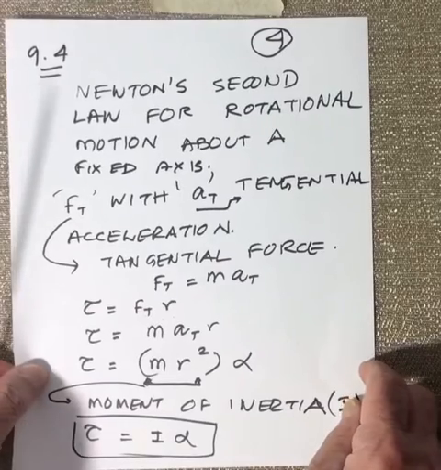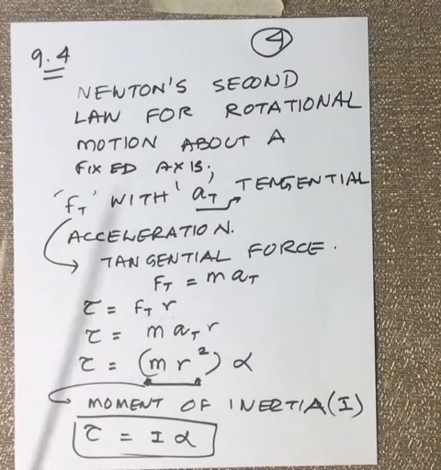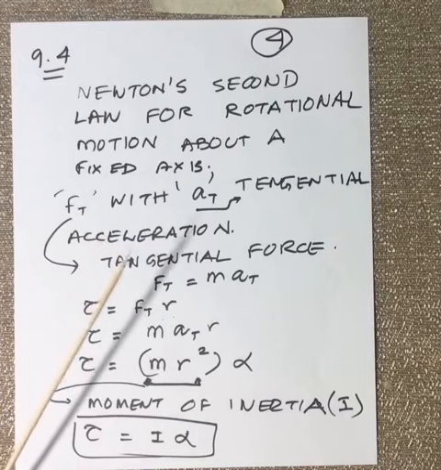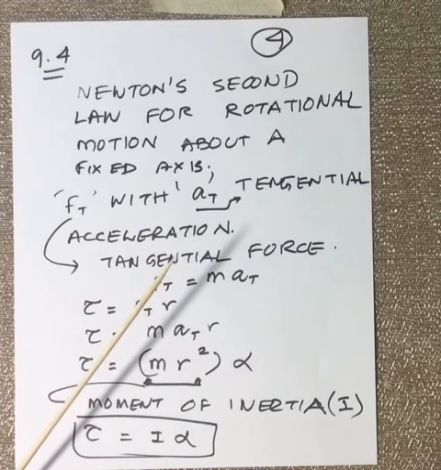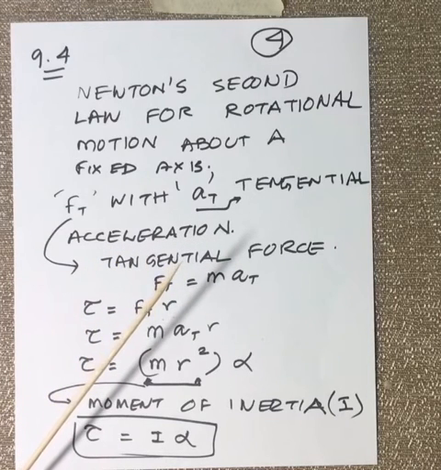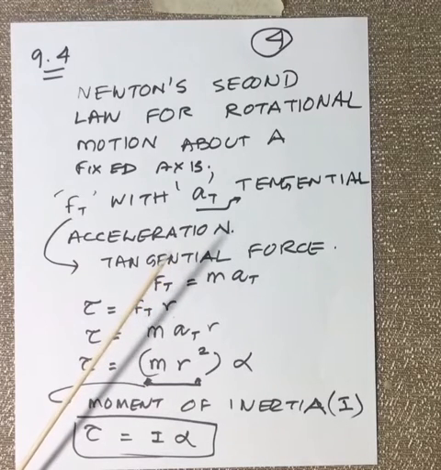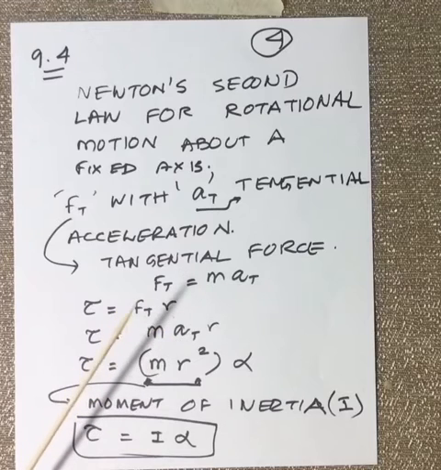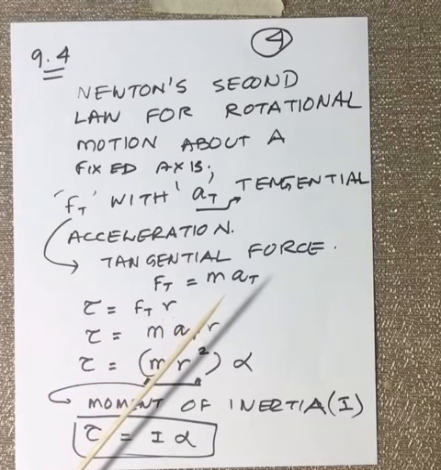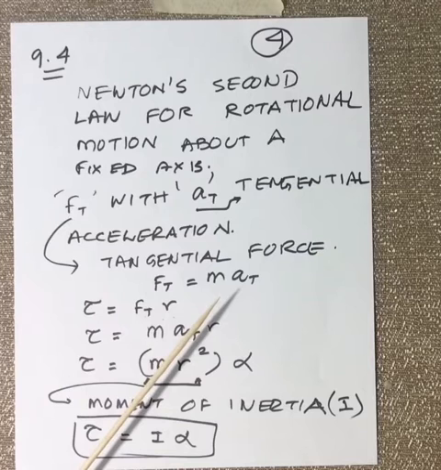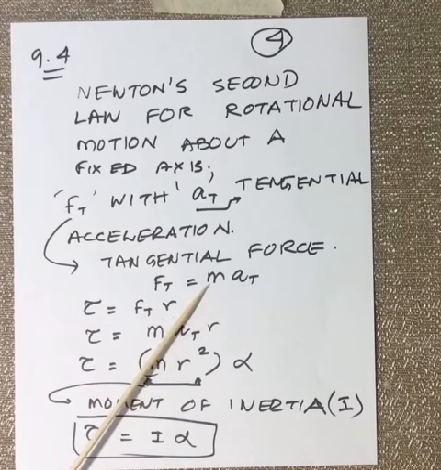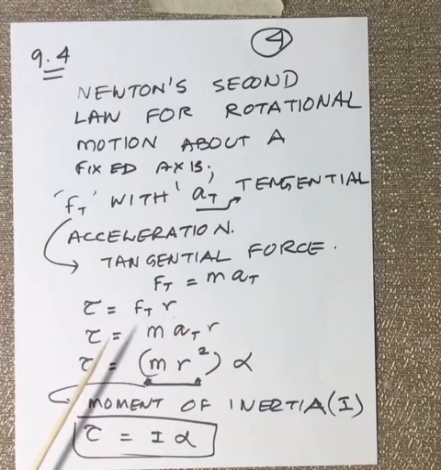We'll see how Newton's second law is applied to rotational motion about a fixed axis. We'll consider the tangential force, which is Ft, I told you that in the previous chapter. Then you have force equals mass times tangential acceleration.